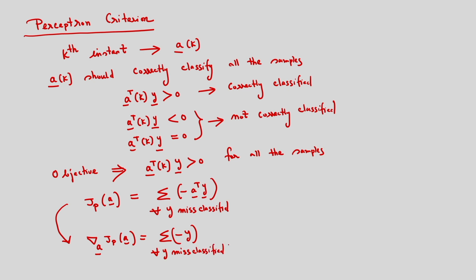So we are taking the gradient with respect to a. So what is the updation rule for the weight vector? Because we are designing the best weight vector, what is the weight updation rule? So move to the next slide. Weight updation rule.